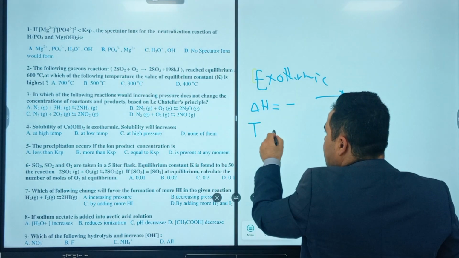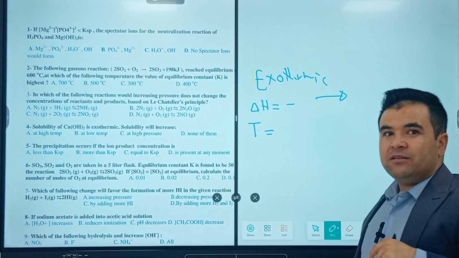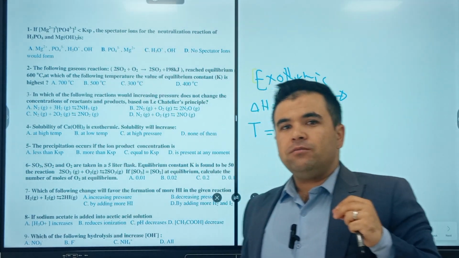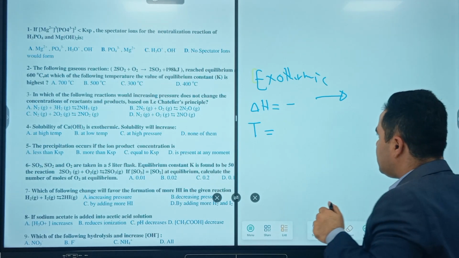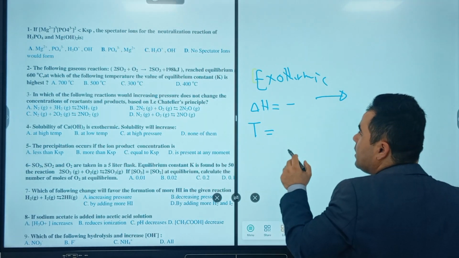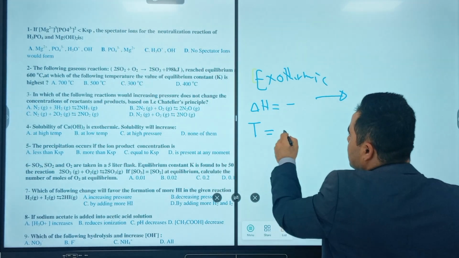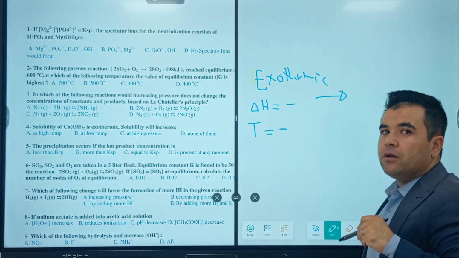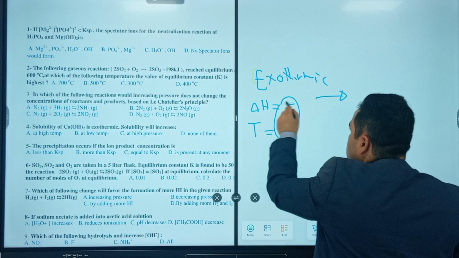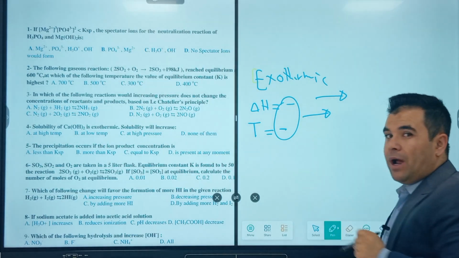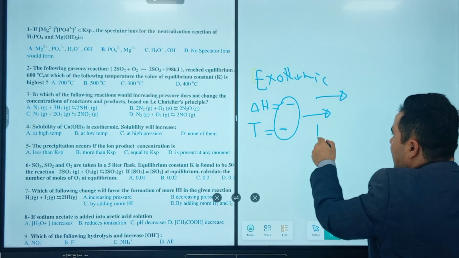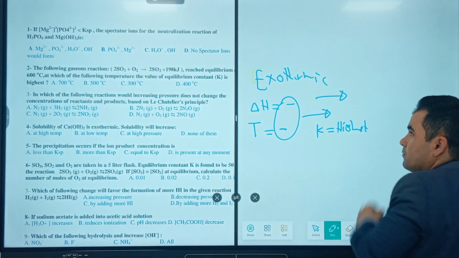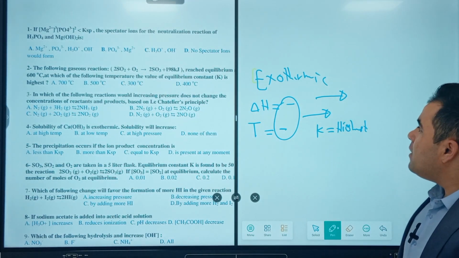And we said previously, if the signs of enthalpy and temperature change are the same, the reaction shifts toward the forward direction. If they are opposite, it favors the reverse. In this case, the temperature must be reduced to shift the reaction forward, and then K results in the highest value.